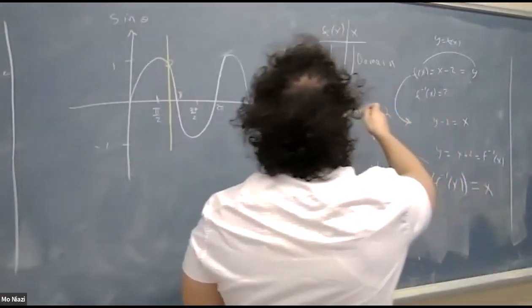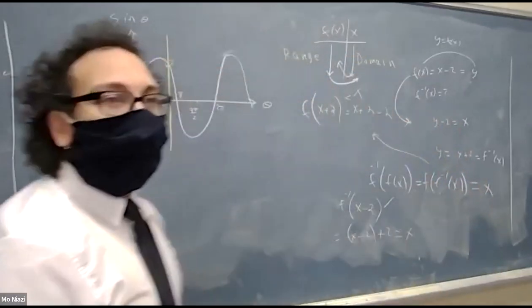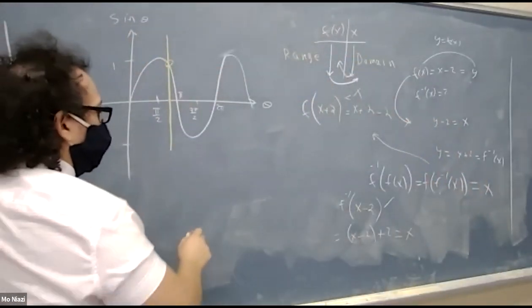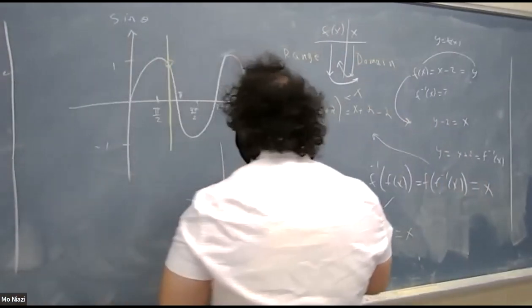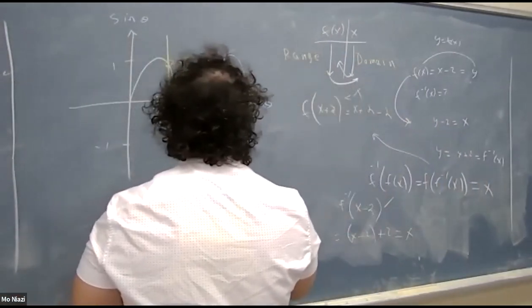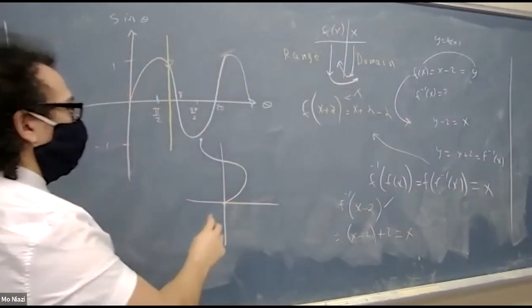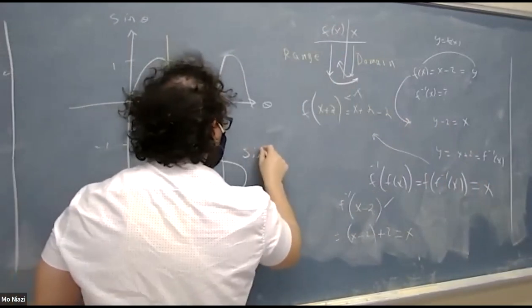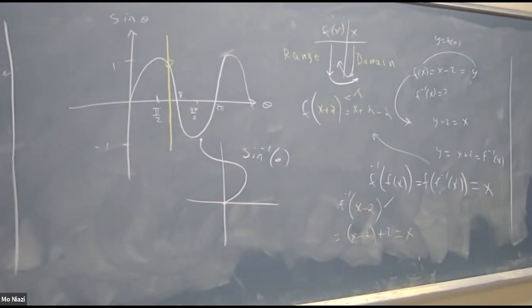When you flip x and y, the domain comes over here and the range comes over here. So I'll show you visually right now that sine inverse is going to end up looking like this. This is what our sine inverse will look like. And it's going to be a function.